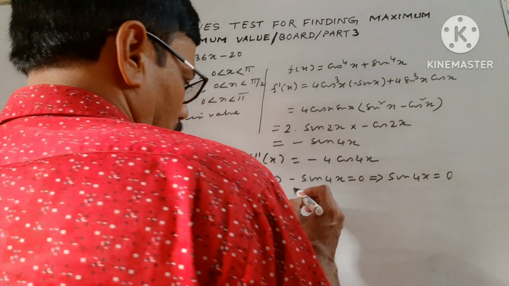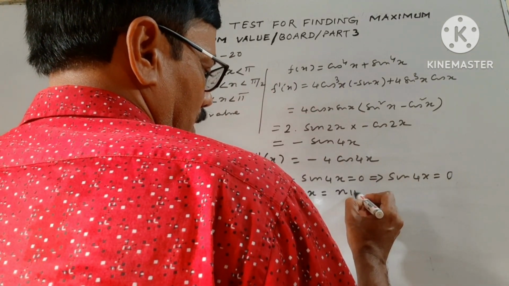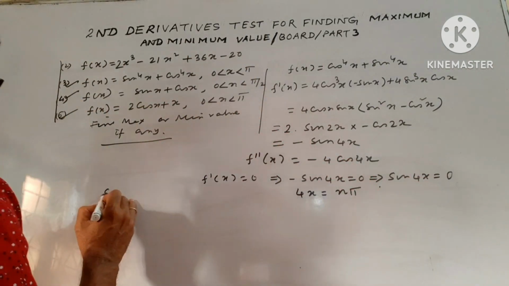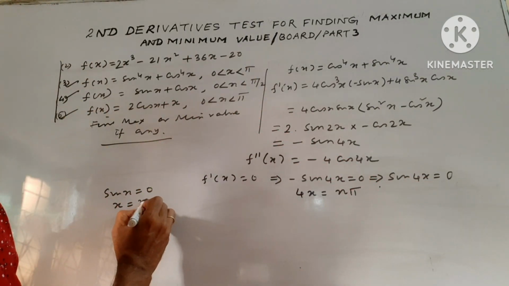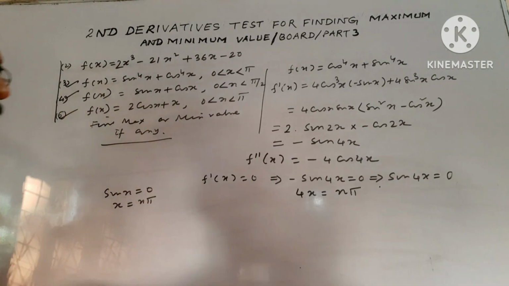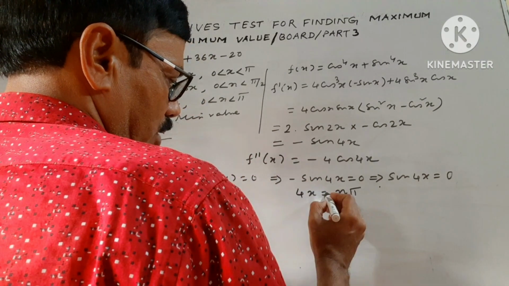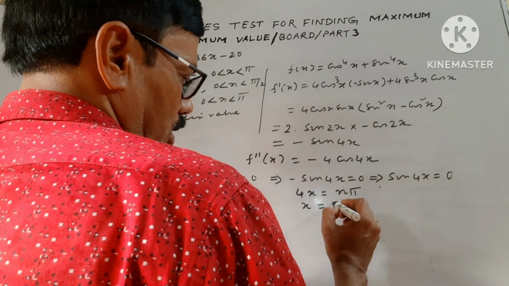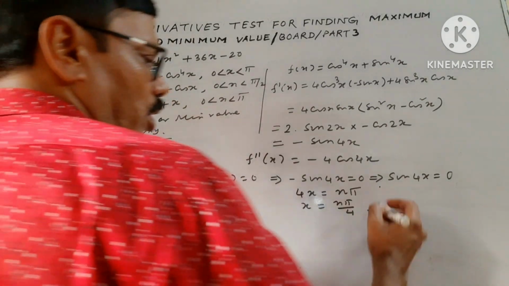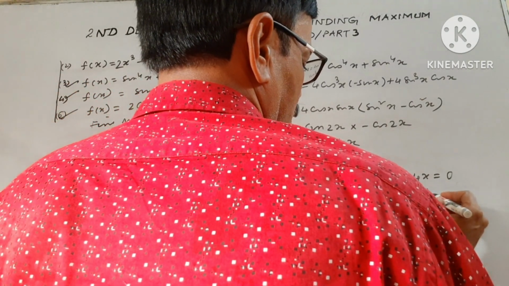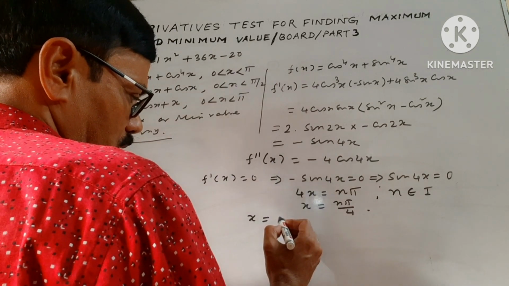So what is the general solution? sin 4x equals 0, so x equals n pi by 4, where n is an integer.